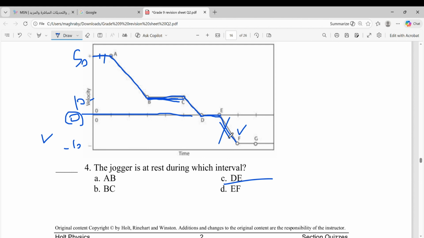No, the speed is increasing here. Still increasing. And the speed here from 50 to 10, so speed is decreasing here, and the speed is decreasing here. So we can use AB or CD, but we can't say EF because in EF the speed is increasing, not decreasing.